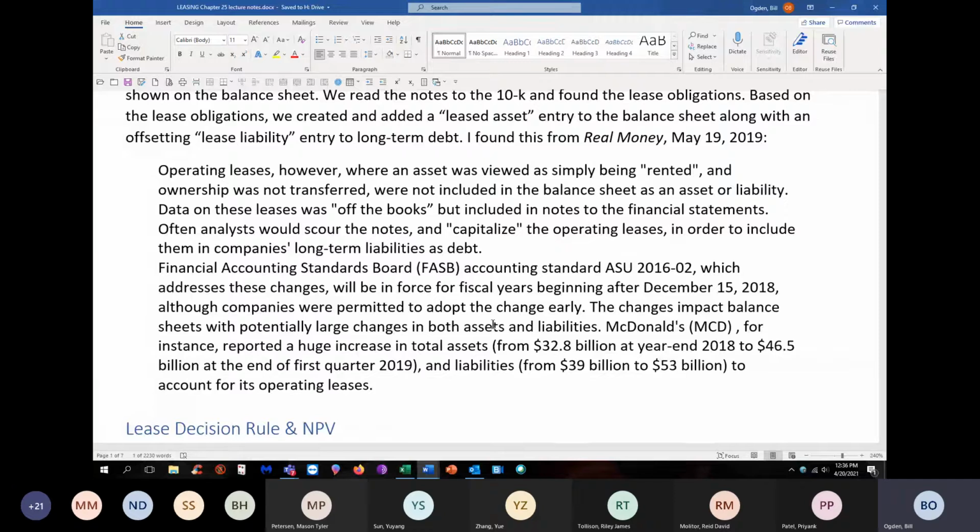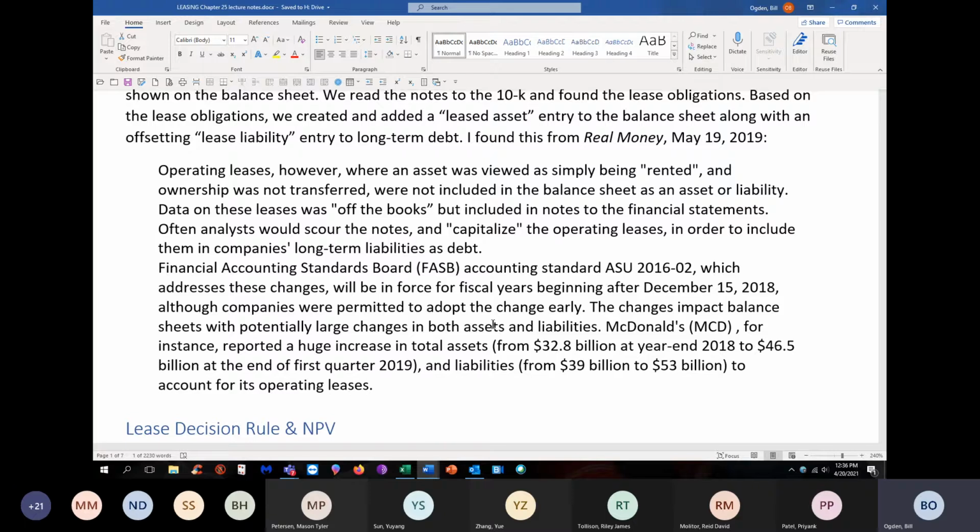So the Financial Accounting Standards Board accounting standard, and here you got it, ASU 2016-2, which addresses these changes, will be enforced for fiscal years beginning December 15th, 2018, although companies were permitted to adopt the change early. Now, the early adopters were those which had relatively small amounts of operating leases.